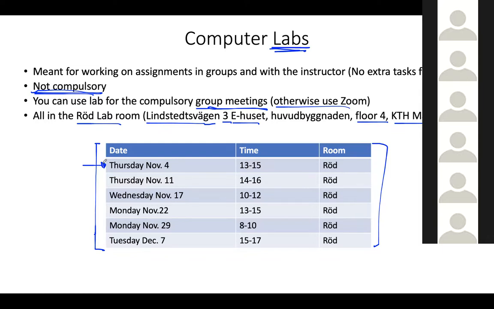Okay, but the seminars in the schedule, are they counted towards the group meeting? Nope. Is it just those physical points, or in what situations can we count towards the group meetings? So for the group meetings, either you come to the lab section, or you can have an agreement with another student to have a discussion on Zoom, for instance.